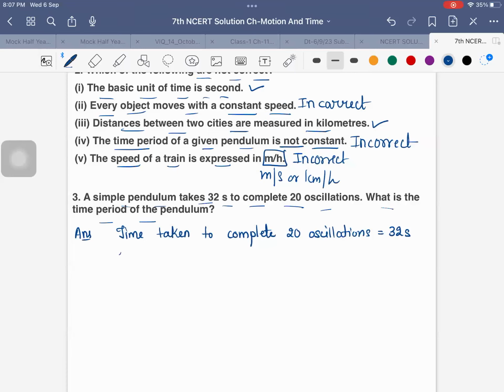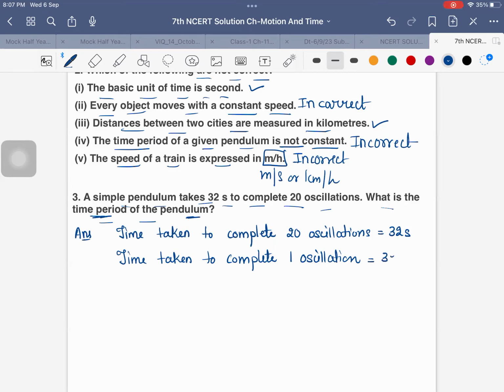So, time taken to complete one oscillation. Basically, time period is the time taken by pendulum to complete one oscillation.